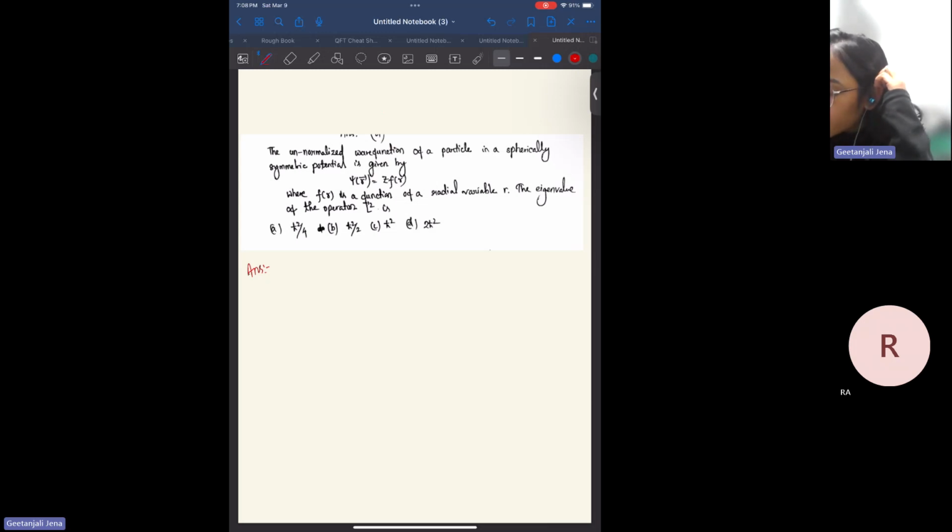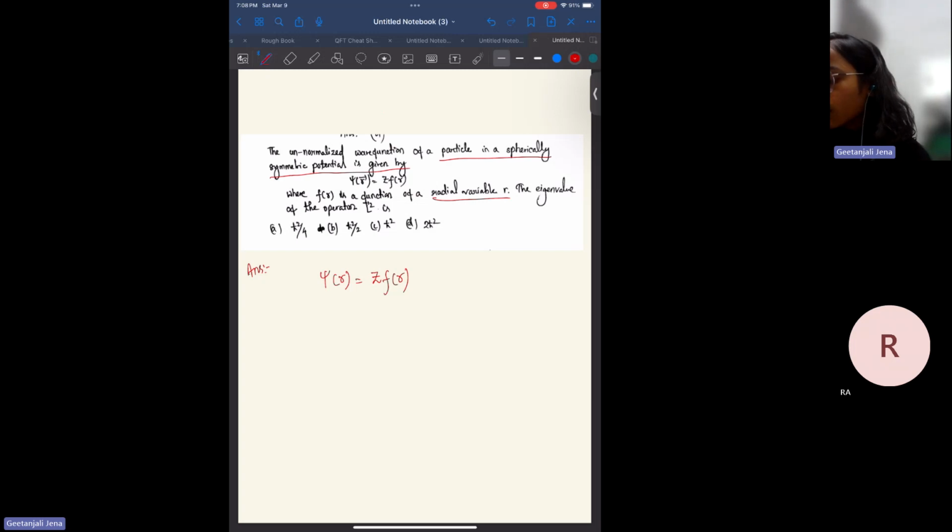So let's see what is given to us. It is given the unnormalized wave function of a particle in a spherically symmetric potential is given by this. So the wave function is given, which is z f of r, where f of r is a function of the radial variable r.